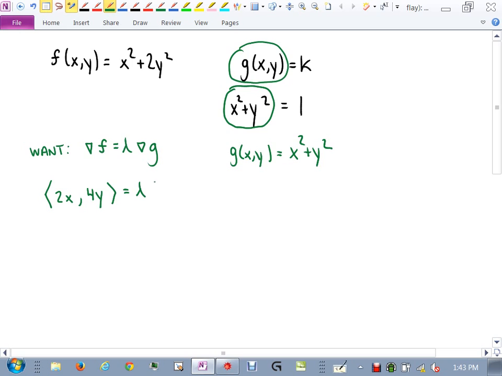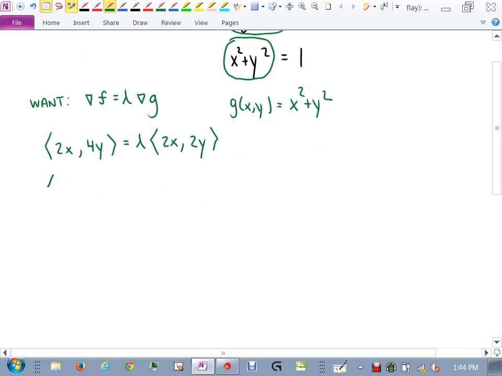Times lambda, what's the gradient of g? 2x, 2y. That means 2x, 4y has to be equal to 2 lambda x, or 2x lambda, doesn't matter which way you do it.